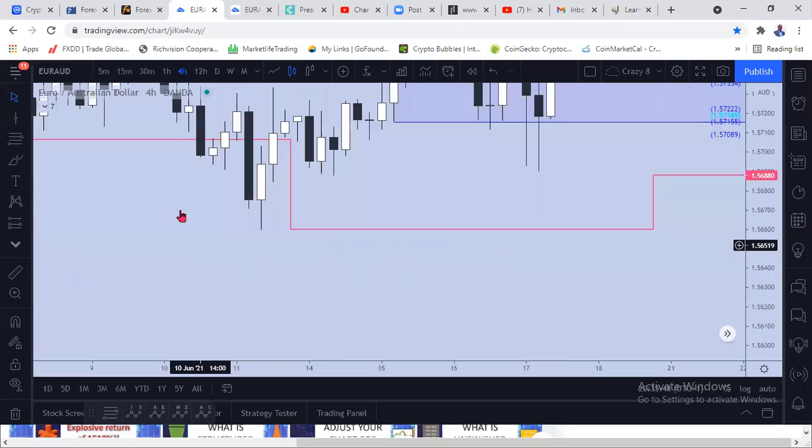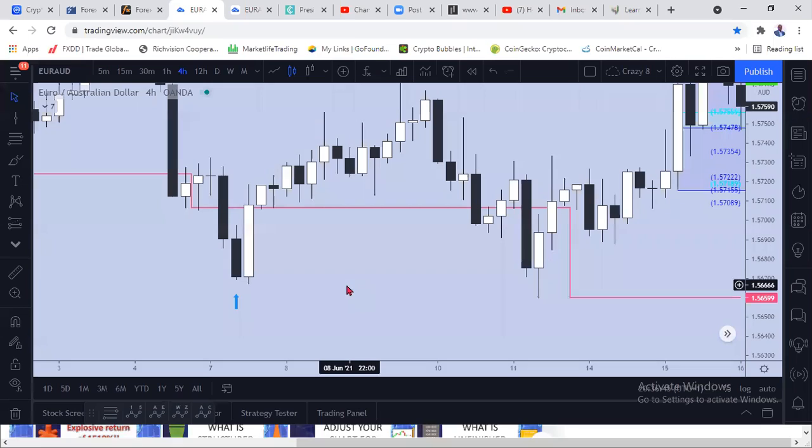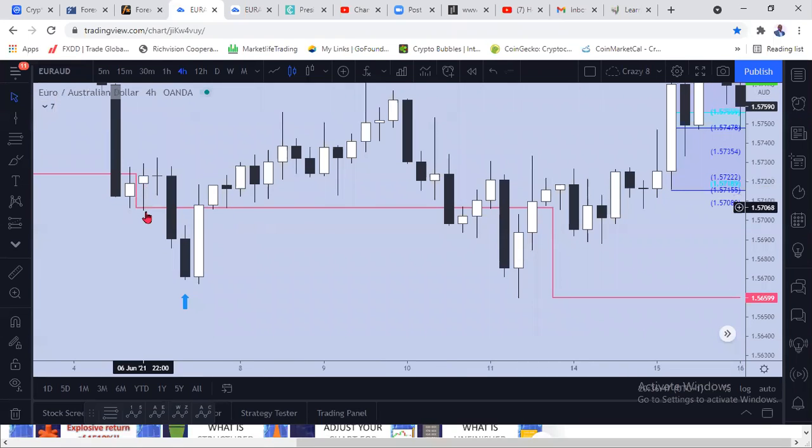You see the qualifying candle. Right? So price this week traded into the previous week's low, but no AQZ qualifying candle.